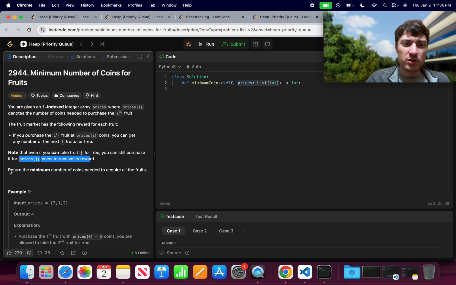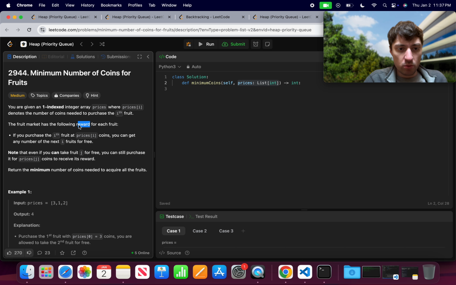Okay. Return the minimum number of coins needed to acquire all the fruits. Note that if you can take fruit j for free, okay, you still need to purchase it for prices of j coins to receive its reward.